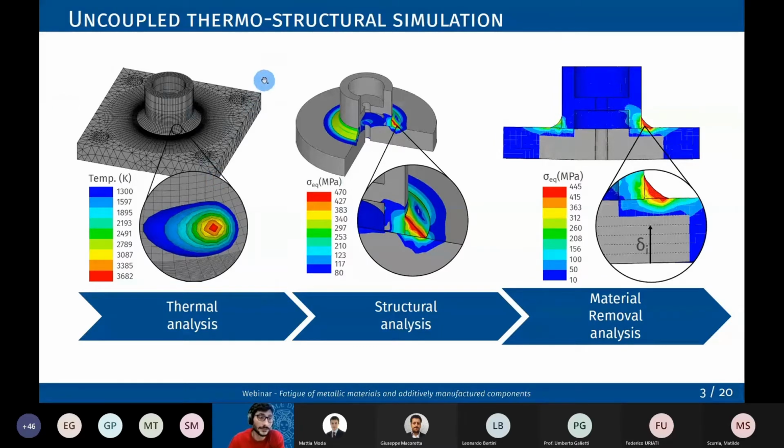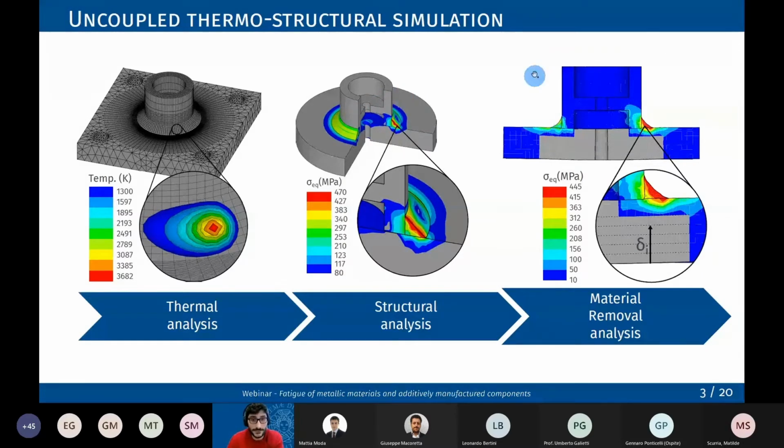The thermal part is describing only the thermal history in the components given by the welding process. So temperature is the result of this analysis, and we are using temperature for evaluating the stress-strain history in the mechanical analysis.